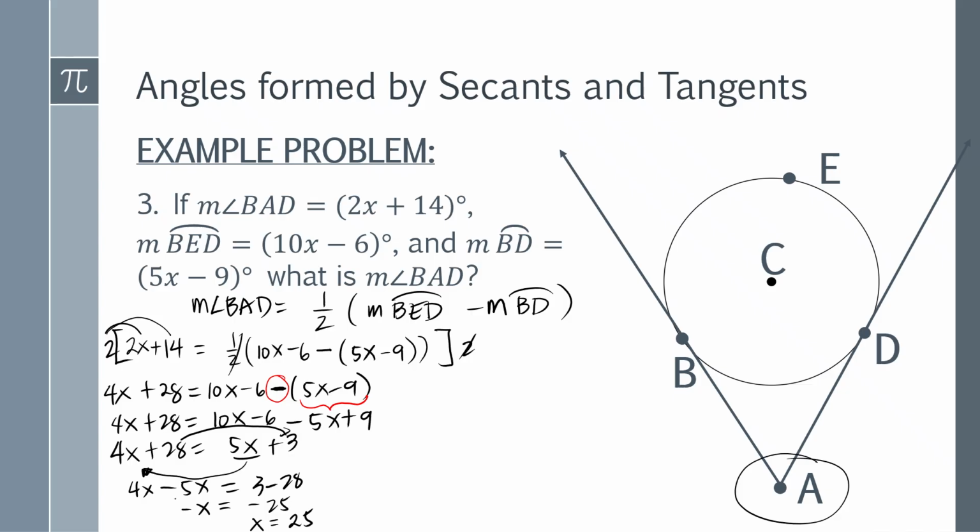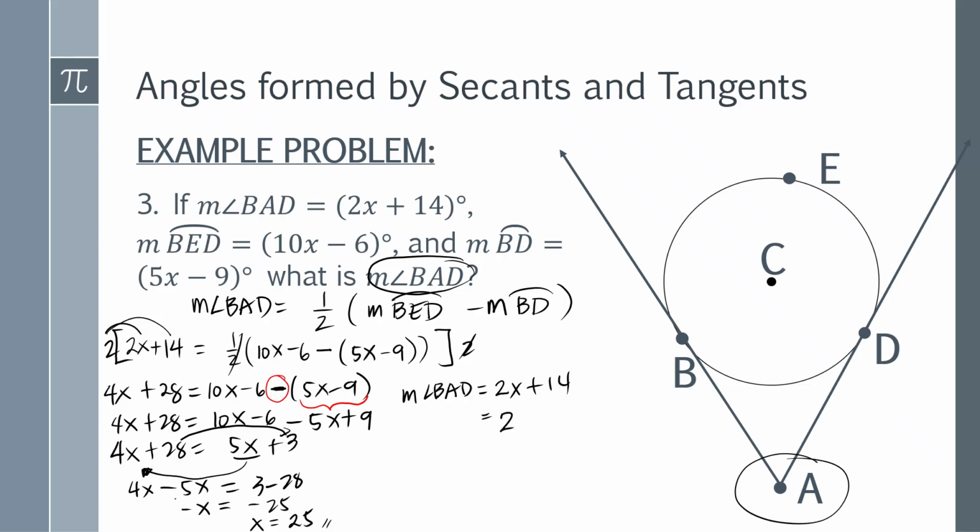This is not yet finished because we have to find the value of the measure of angle BAD. So the measure of angle BAD is equal to 2x plus 14. And you have to replace the value of x with 25.